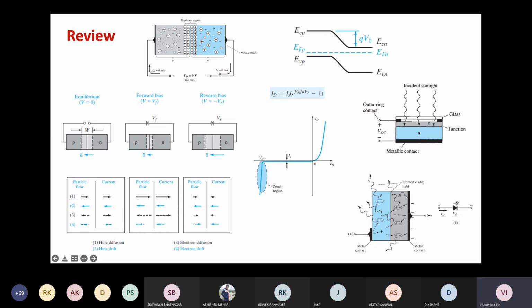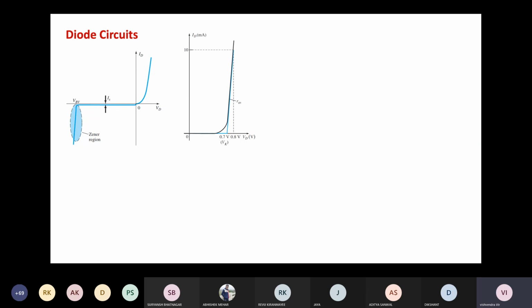This is sort of the device aspect of the diode. This is how the diode or PN junction device, solid state diode, looks like. But in many cases, diodes are used in circuits as well. So here we'll quickly go through the circuit model of the diode. And in circuits, we are mostly concerned about the IV characteristics of the diode.